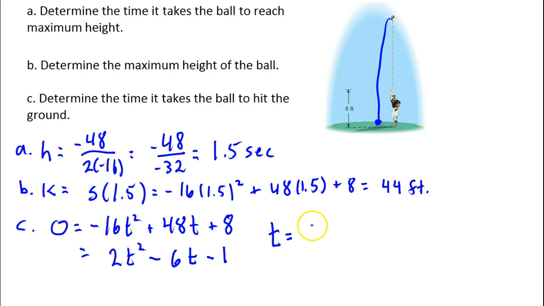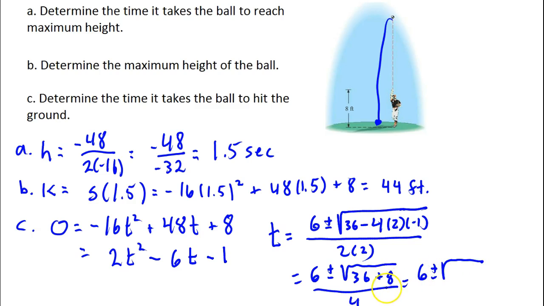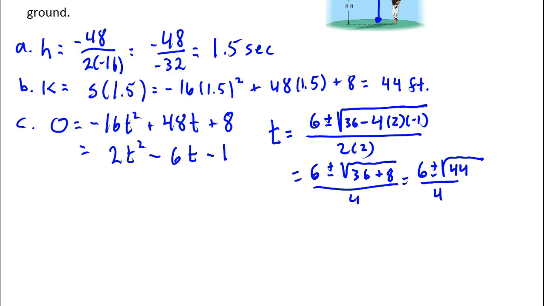t is going to equal negative b plus or minus the square root of b squared minus 4ac all over 2a. That's going to give us 6 plus or minus the square root of 36 plus 8 over 4, which is 6 plus or minus the square root of 44 all over 4.